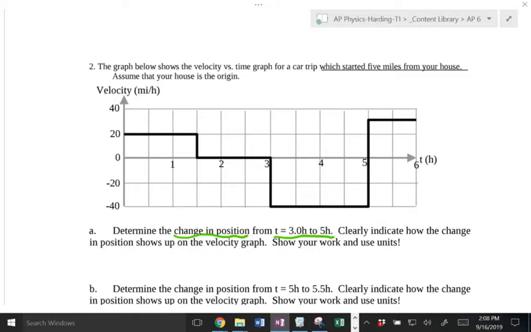Some of you are confusing me for a person that would accept an answer without units. Correct units would be good.